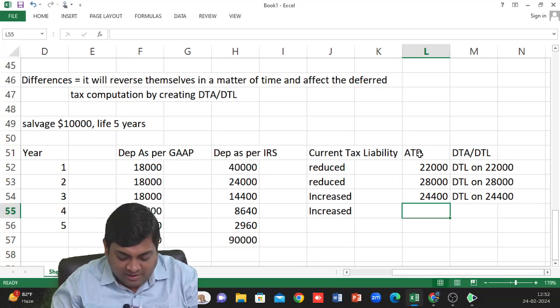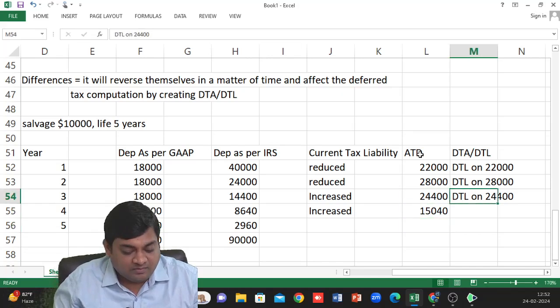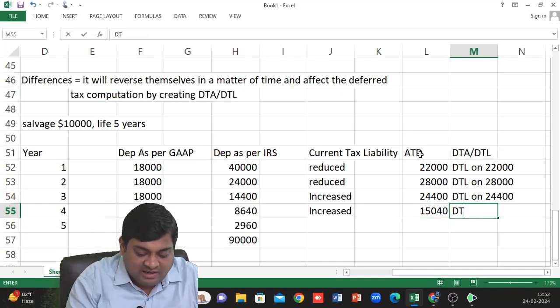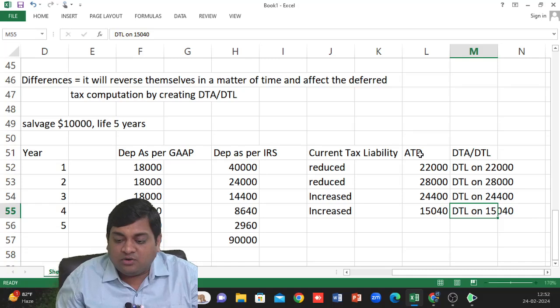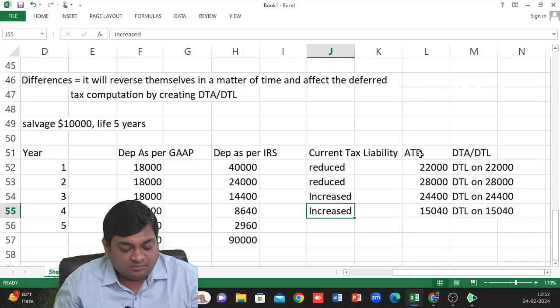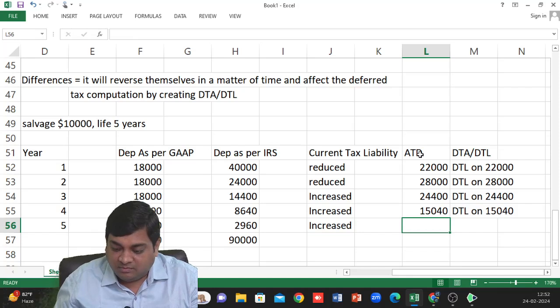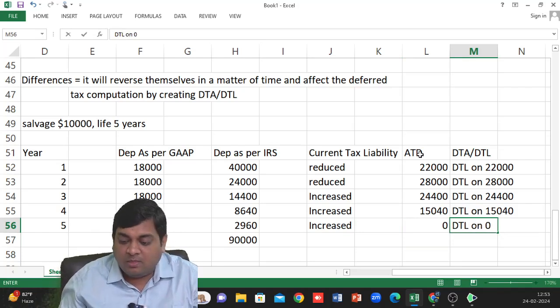By 9,360 it will come down. So this is my new timing difference. So now I will create deferred tax liability on 15,040. Now it is 0. So deferred tax liability on 0.